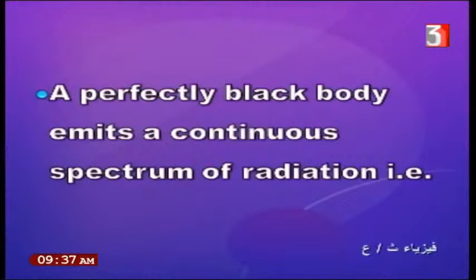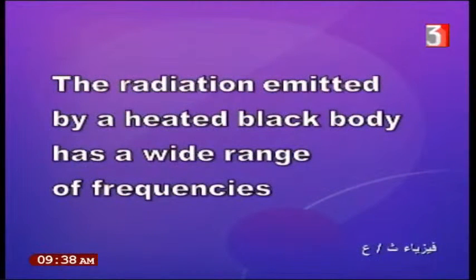That is to say, the radiation emitted by a heated black body has a wide range of frequencies. And a continuous spectrum does not depend on the object. It depends only on the temperature.